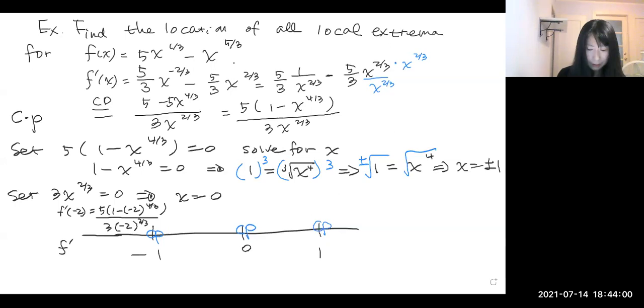So it's negative here, so f prime is less than 0. How about this? In this case, between -1 and 0. What do you want to pick? Tell me, what do you want to pick?